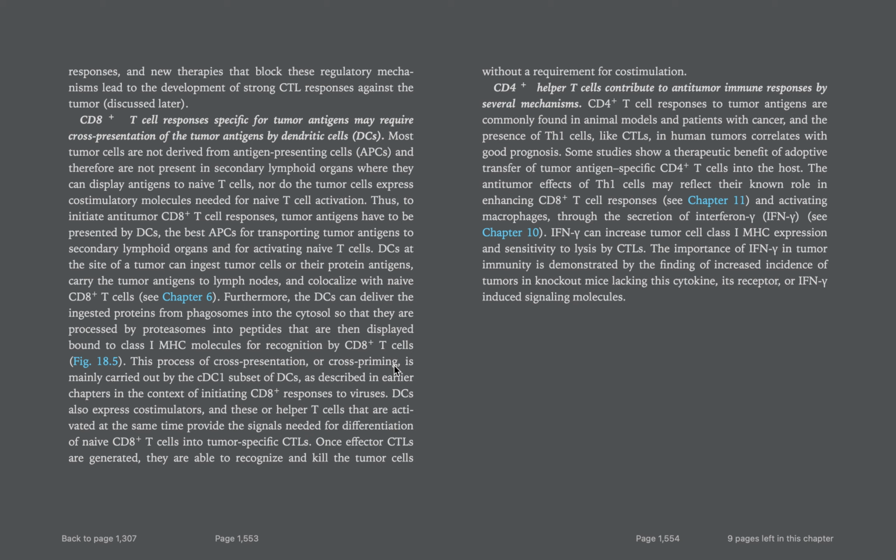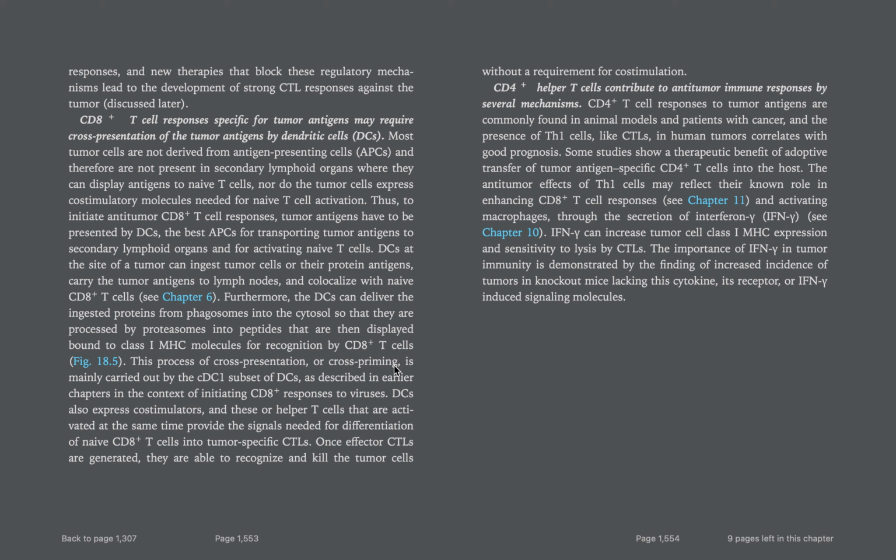Furthermore, the dendritic cell can deliver the ingested proteins from phagocytes into the cytosol so that they are processed by the proteasome into peptides that are then displayed bound to class 1 molecules for recognition by CD8 T cells. This process of cross-presentation, or cross-priming, is mainly carried out by CD8-positive dendritic cells, a subset of dendritic cells I described earlier in the chapter in the context of initiating CD8 T cell responses to viruses.